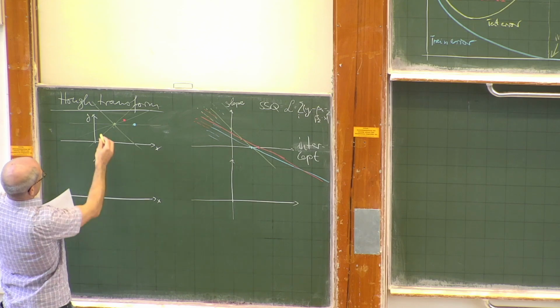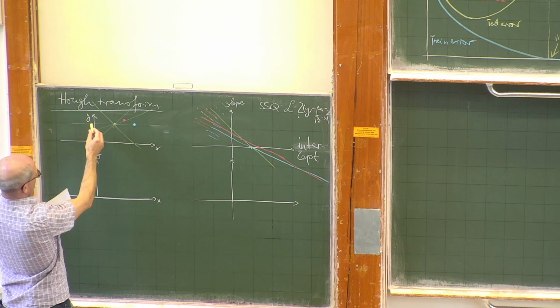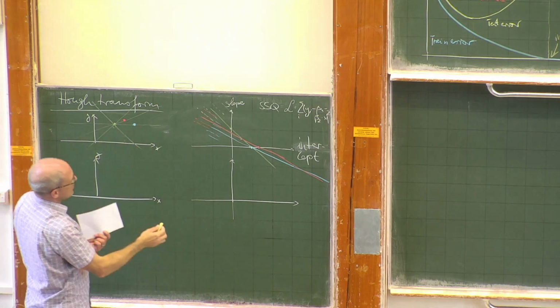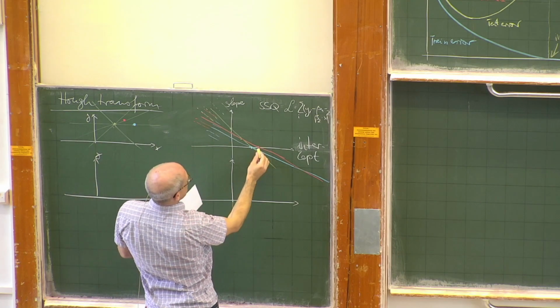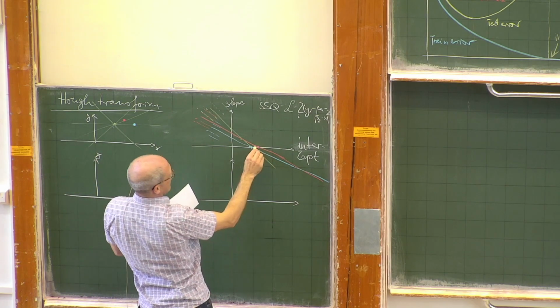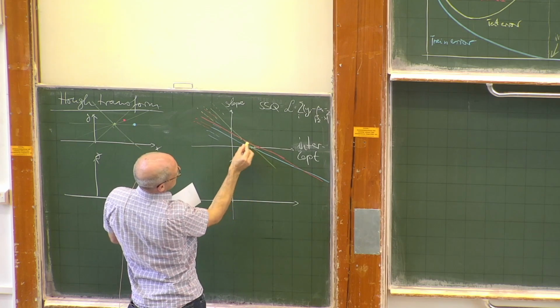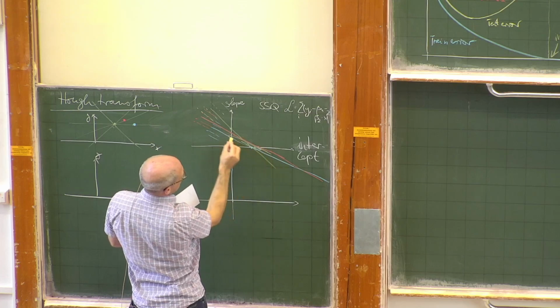So in fact, I would say the true slope here is 0, and the true intercept is a little bit above 1. So my parabola will have its optimum here, but it will have this very degenerate shape here.